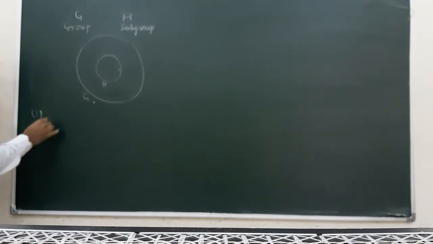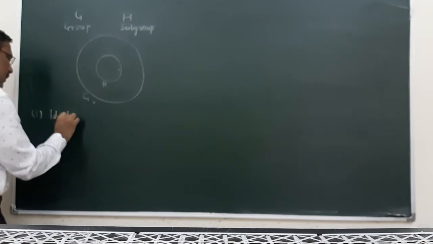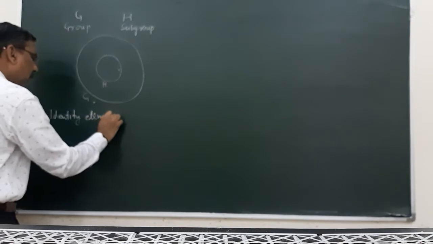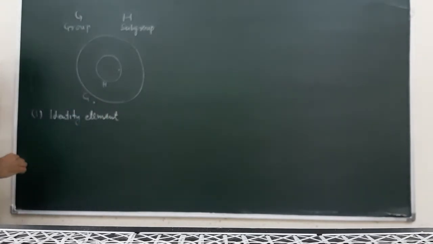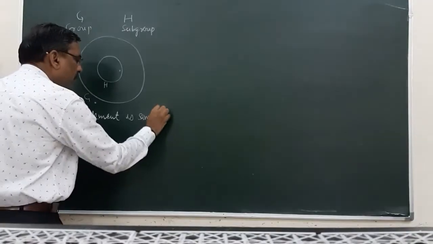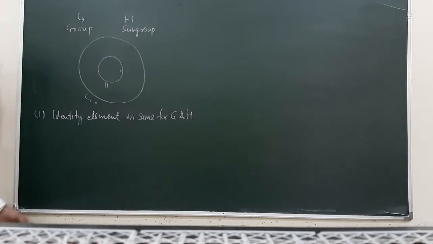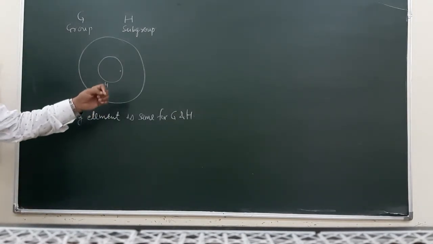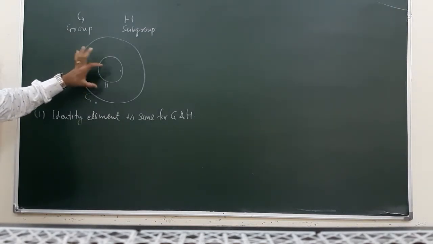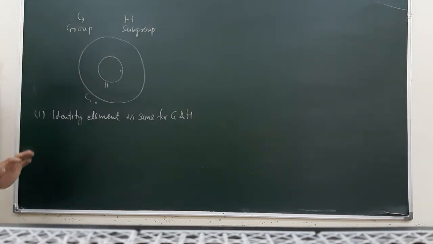One, the identity element is the same for G and H. Means the identity of G is also the identity of H.